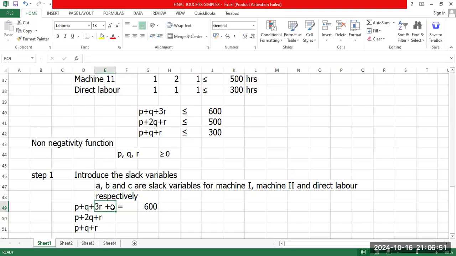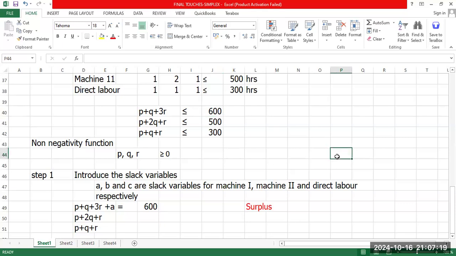And this slack variable you have introduced will help you in the long run to see whether you have a surplus at the end. Because we are saying the time available is 600, but it is not a must to use all 600. Sometimes companies use less hours compared to what is available.